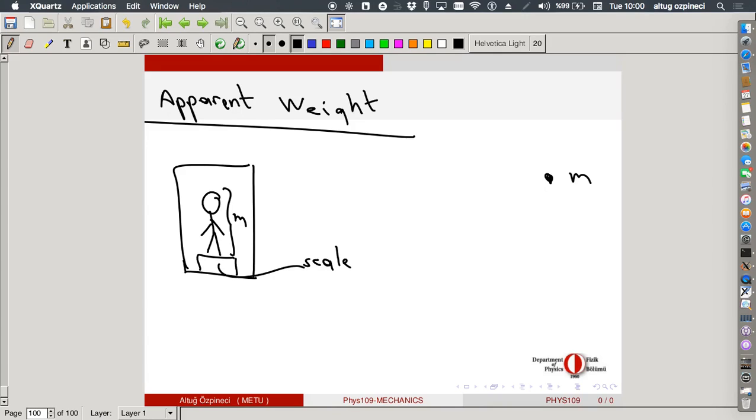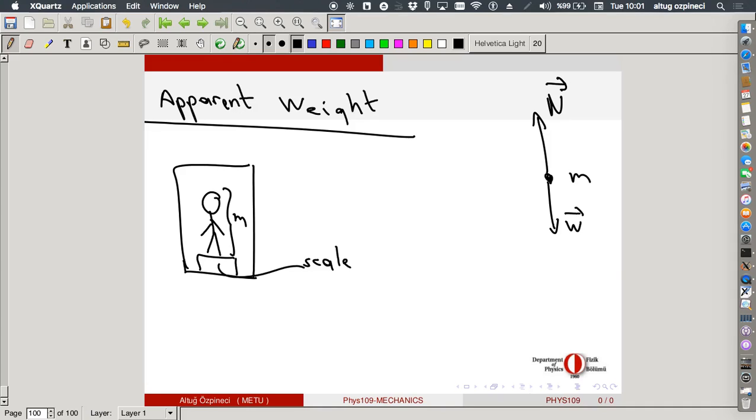I'm not asking for the acceleration. What are the forces acting on you? Downward weight. Okay, you have this weight. The scale is pushing us up. We cannot go through the scale, so the scale should exert some force on us. That force is what we usually call the normal force. This is the push of the scale.